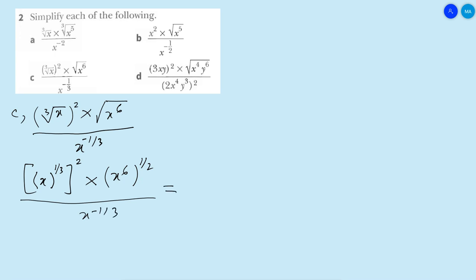Power to the power is multiply. So 1 upon 3 into 2, 2 ones are 2, it will be 2 upon 3. Power to the power is multiply, 2 3s are 6. It will be x^3 upon x to the power minus 1 upon 3 remains same.